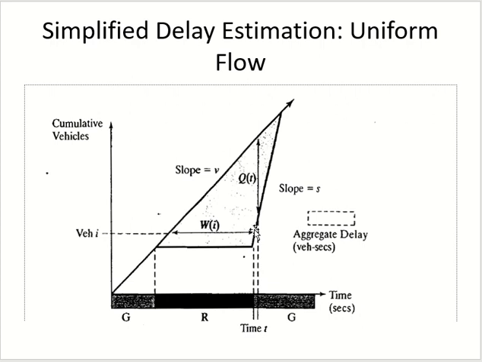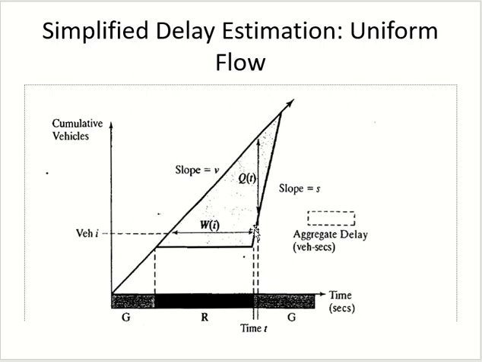Arrival. So this flow rate is the arrival flow rate. The slope of this line is the arrival flow rate, which is V. Got it? And then you have the slope of this line, which is also a flow rate, right? Because vehicles upon time is the flow rate. The slope of this line is called S. S is what? Saturation flow rate.